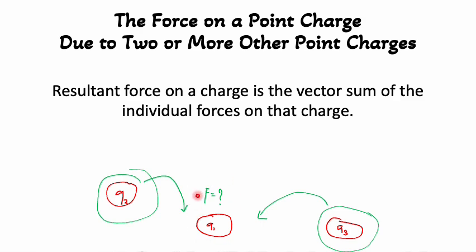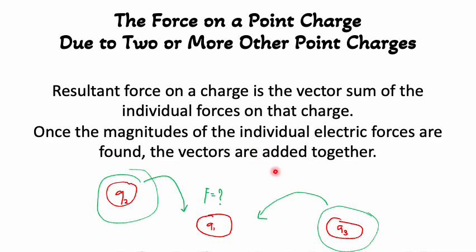Simplified, ang makukuha natin ang resultant force ditong charge 1 by adding the individual forces that these two charges are exerting on Q1. Once you get the magnitude of the individual electric forces, we are now going to add those vectors, or those forces, together.